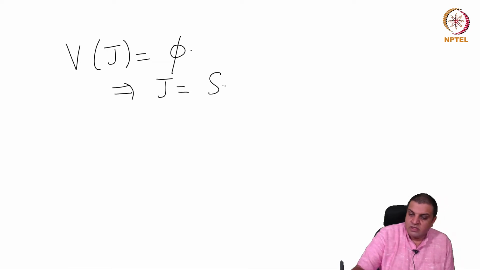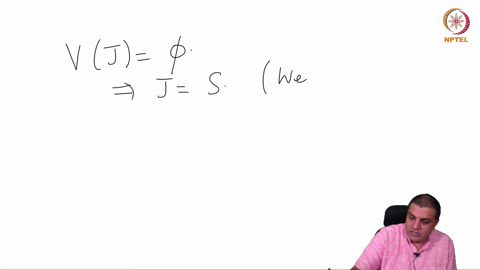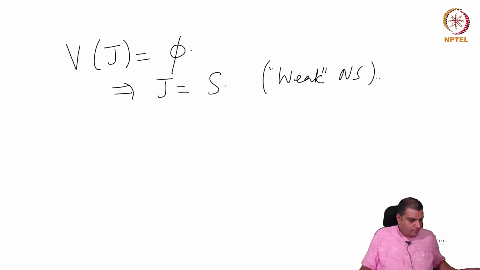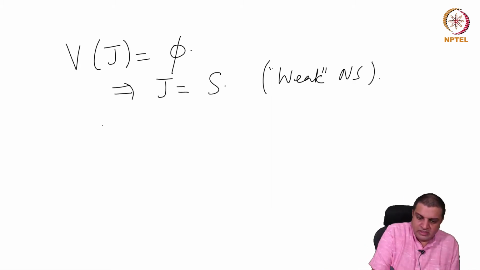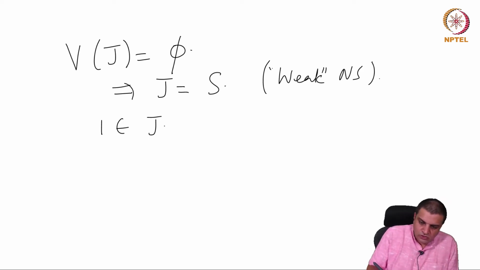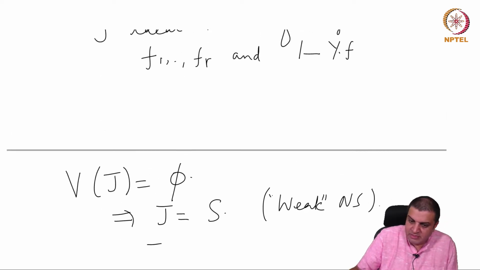So this is what we call the weak Nullstellensatz. In other words, 1 belongs to J. So we can write 1 in terms of these elements.